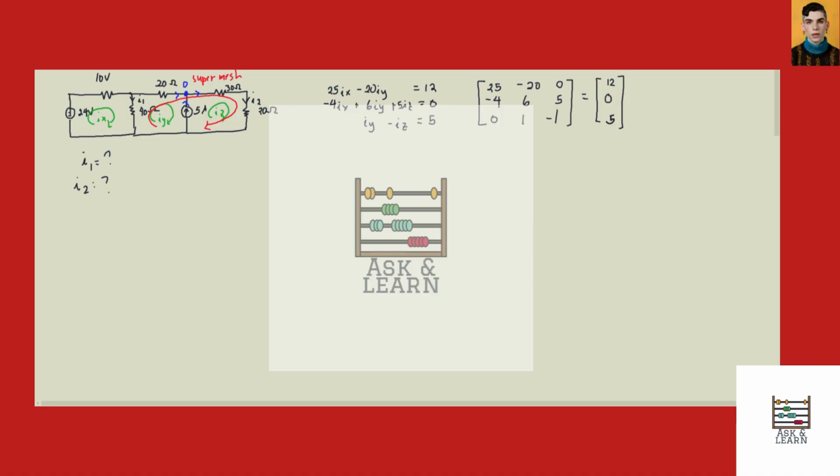So for the determinant here, we get 25, negative 20, 0, negative 4, 6, 5, 0, 1, negative 1 as 25 times 6 times negative 1 minus 1 times 5, minus negative 20 times negative 4 times negative 1 minus 0 times 5, plus 0 times negative 4 times 1 minus 0 times 6.